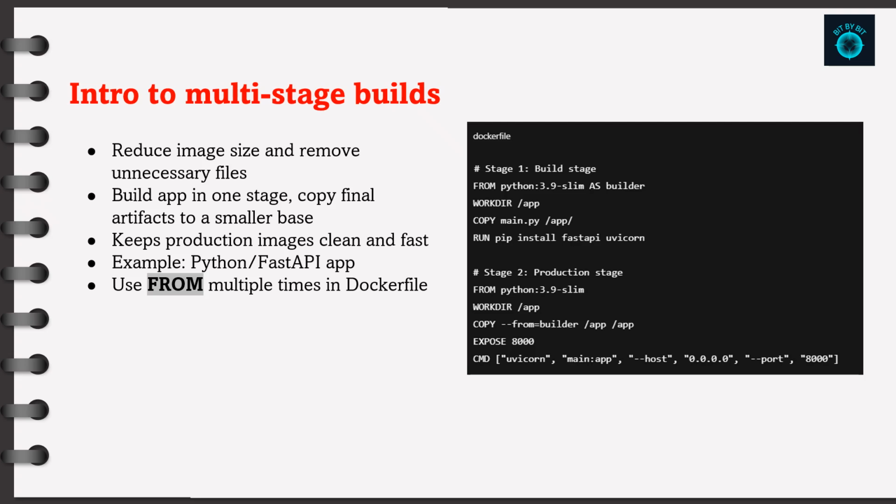We copy only the contents of the build stage using COPY --from=builder /app /app. Finally, we expose port 8000 and start the app with Uvicorn. Using this approach, the production image contains only what is necessary to run the app, making it much smaller and faster to deploy.